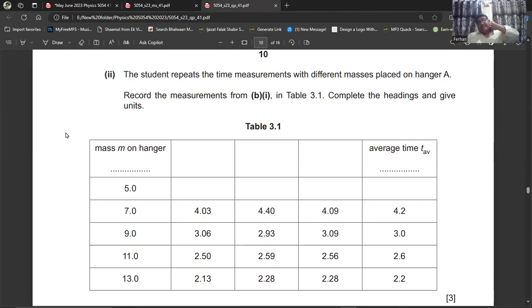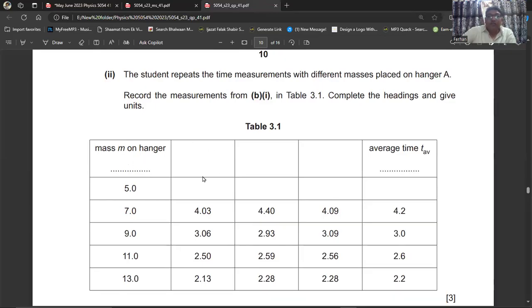The student repeats the time measurement with different masses placed on hanger A. Record the measurement from the B first part in table 3.1. Complete the heading and give units. So here you put the mass, which is in grams.